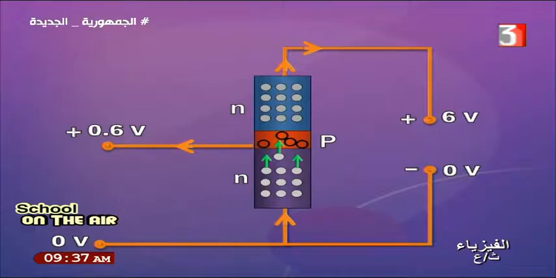But when the base is connected to the positive terminal, this 0.6 volt positive will be able to extract these electrons from the holes. And this will give the chance for further flow of electrons from the emitter to the base and then through to the collector.